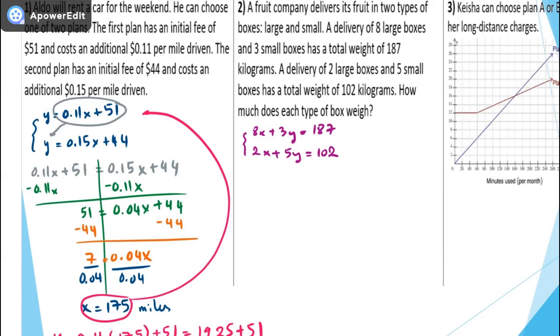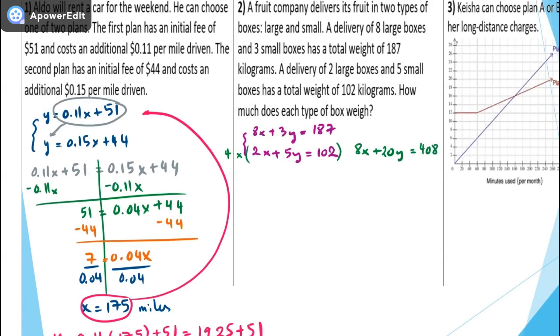We're going to solve this. You can use any method, substitution or elimination. I would choose elimination. I want to cancel the x because I can see that 2 going to 8 is 4 times, so I can multiply my second equation by 4. That will give me 8x plus, 5 times 4 would be 20y, equal to 408.